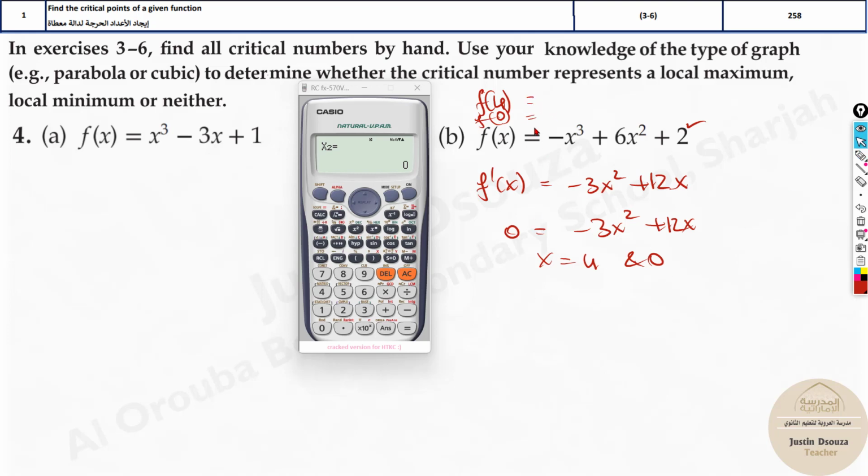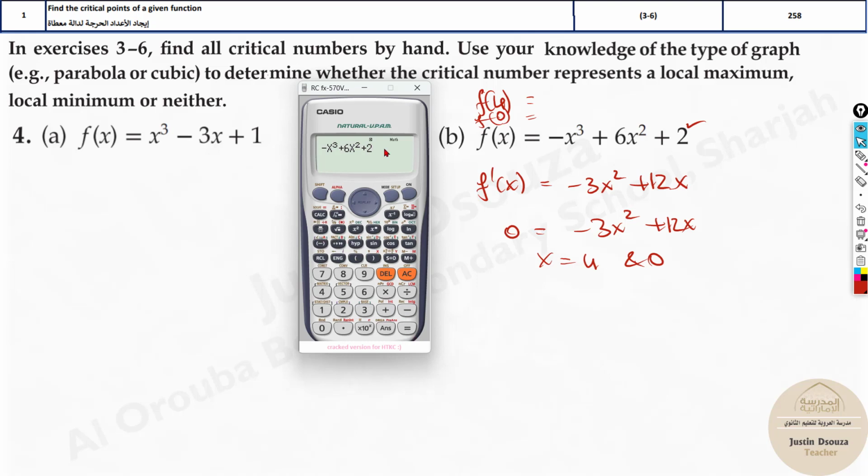Since you have two numbers, replacing x as 4 and then 0 will take time. The easier method is to go to computation mode and type this equation: minus alpha x cubed, then plus 6 alpha x squared and plus 2.